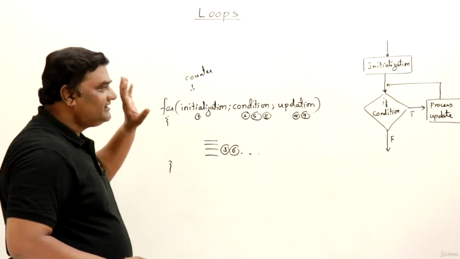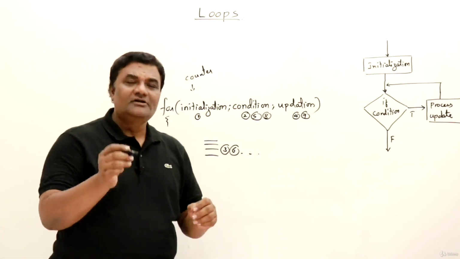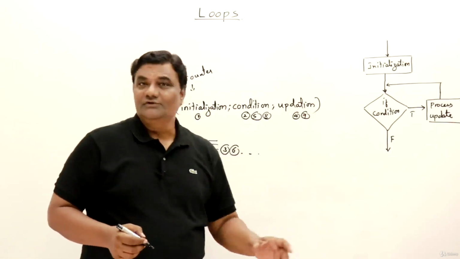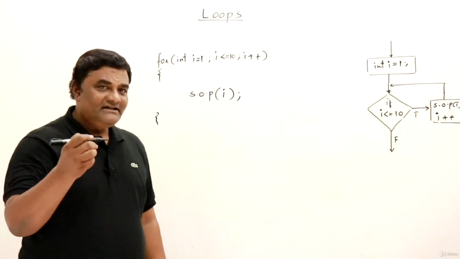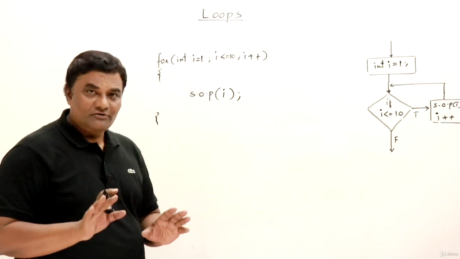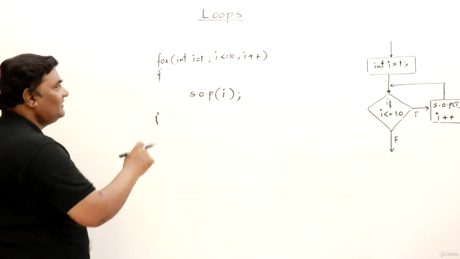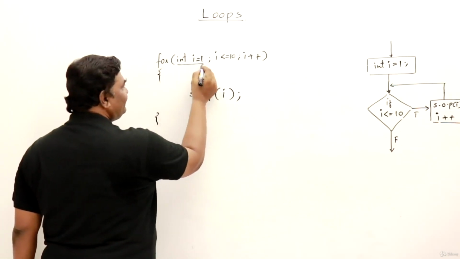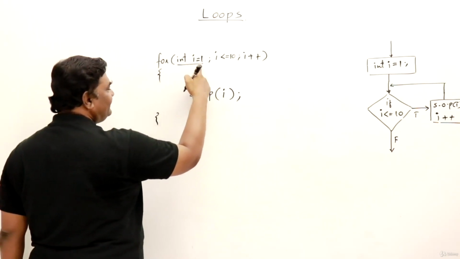So initialization is done only once. Now I will show you a piece of code for displaying numbers from 1 to 10 using a for loop. Here I have already written the code. This is the first part, the initialization part. As I said, it is executed only once and i is initialized with 1.